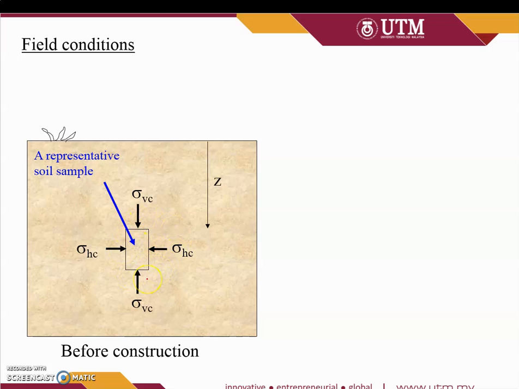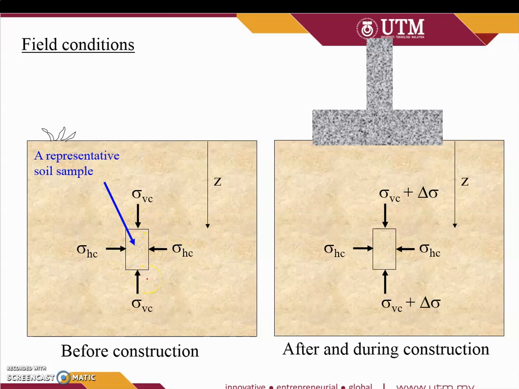That's why when we bring the soil into the laboratory, we need to simulate the field condition in the laboratory test. This is the green field condition without any building. Of course, at a certain depth, the soil sample only has the original vertical confined stress.